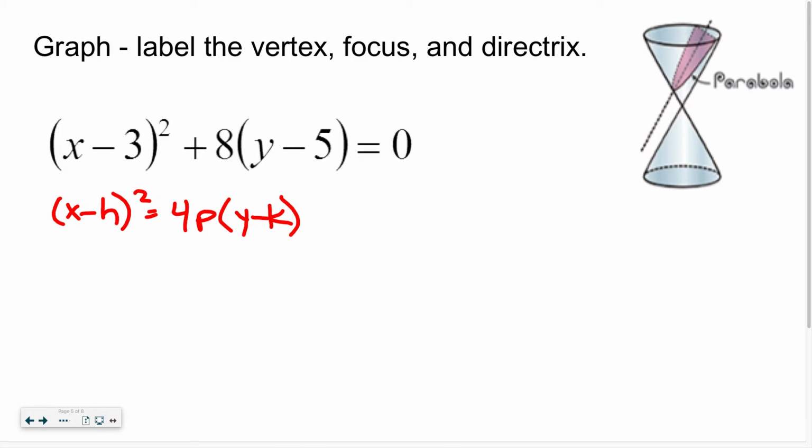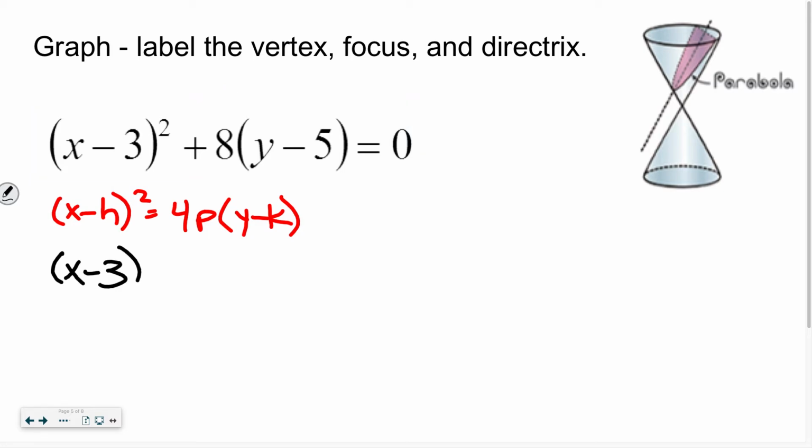Does it look exactly like that? No. What are we going to do to make it the same thing? Easy fix. Get x minus h all by itself. Subtract to the other side. So we're going to move the 8 times y minus 5 to the other side.